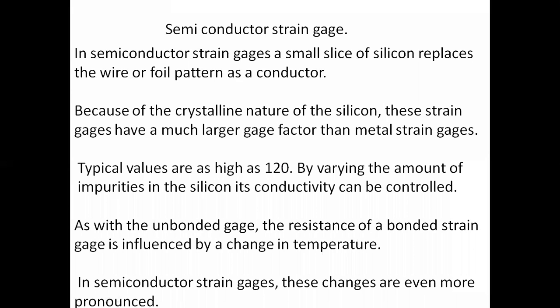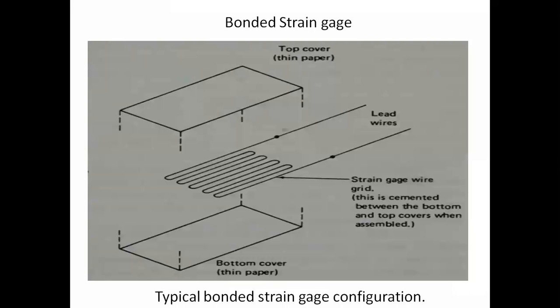Okay, so after that the second one is the semiconductor strain gauge. In the semiconductor strain gauge, in place of this conductor coil, we will use a slice of silicon. The slice of silicon material will be placed in the place of the conductive wire, which is seen in the bonded strain gauge.